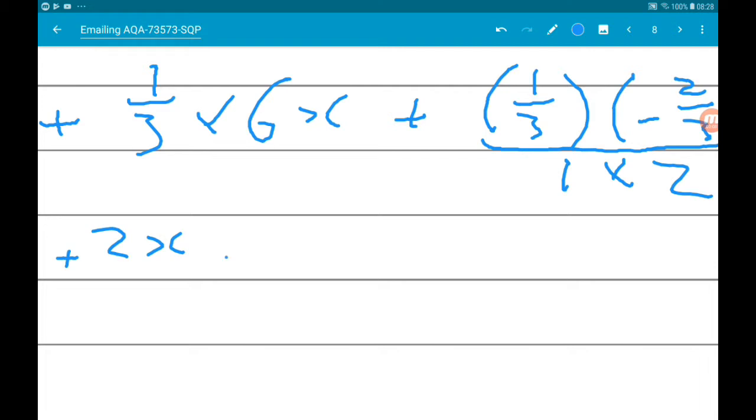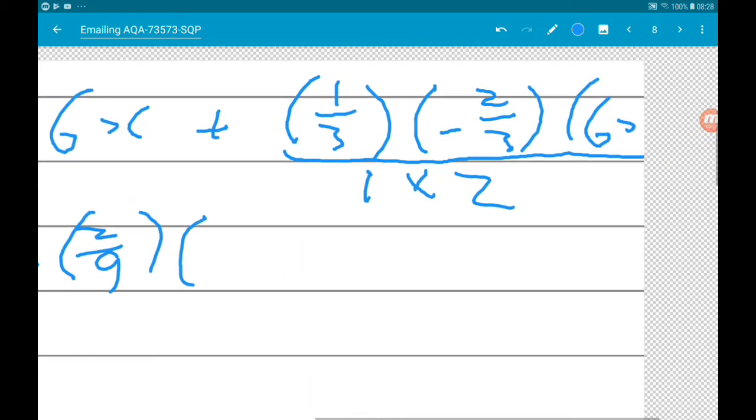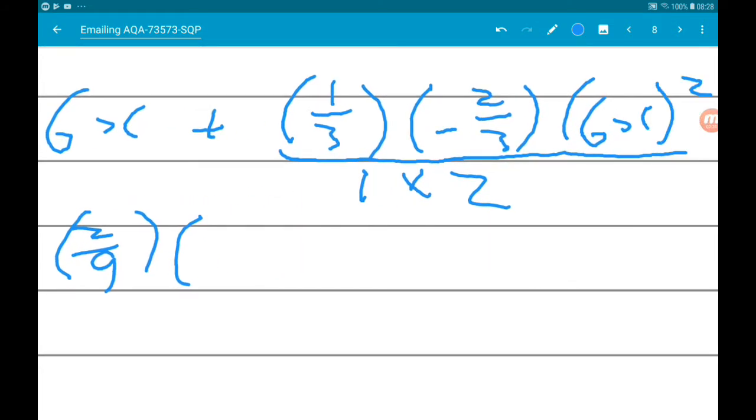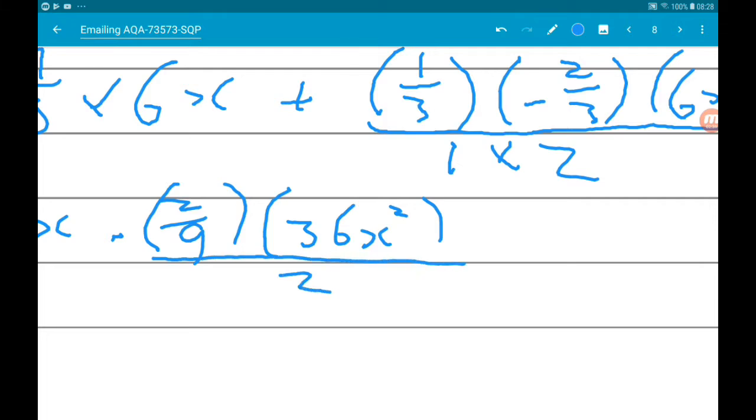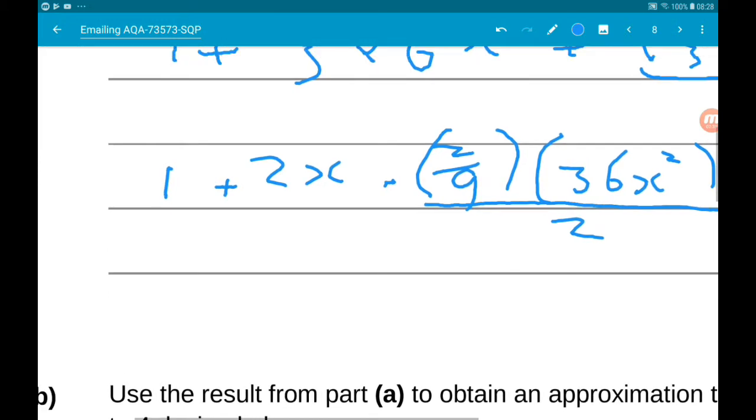So we get minus 2/9 times 6x all squared, so that's 36x squared. And that's all over 2. So we've got 1 add 2x.